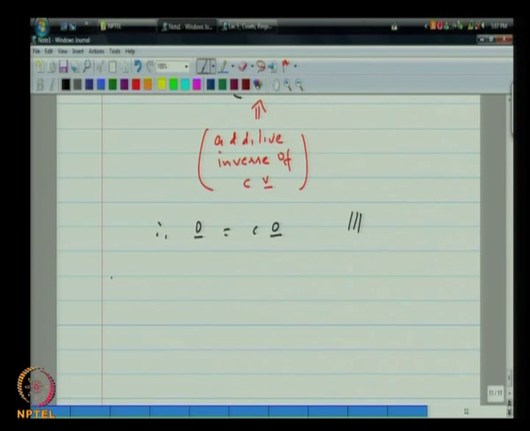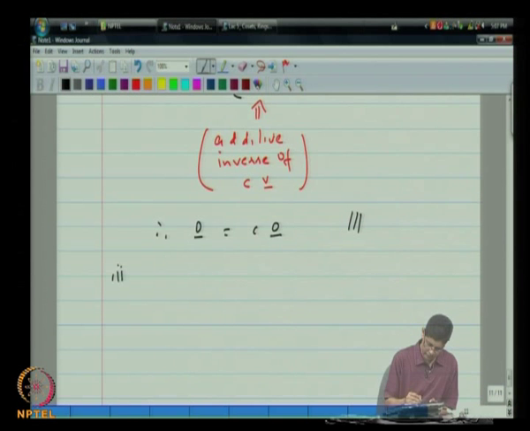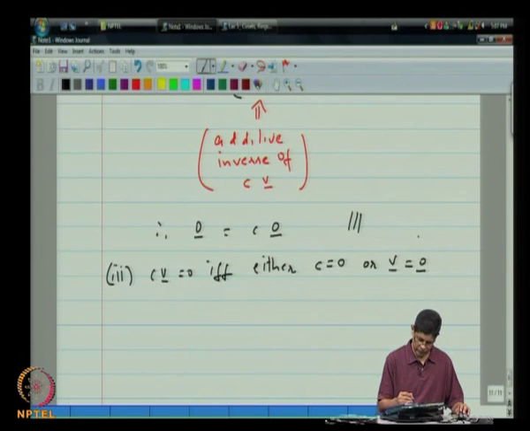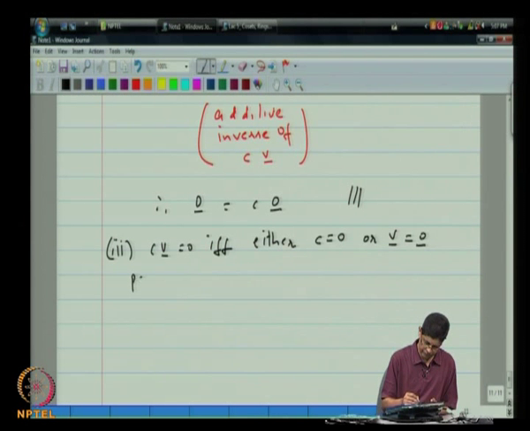Now, the third property says C times V is equal to 0 if and only if either C equal to 0 or V equal to 0. So, proof: if C equal to 0, we are done.